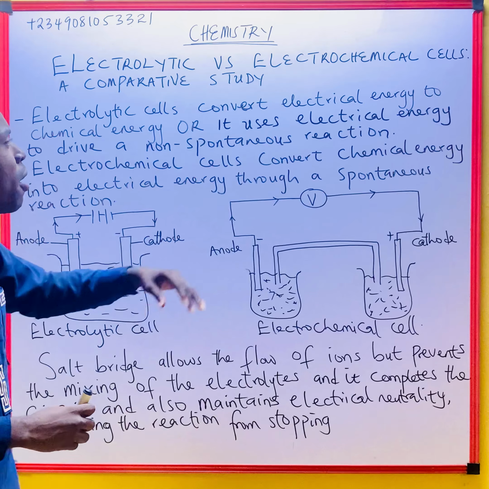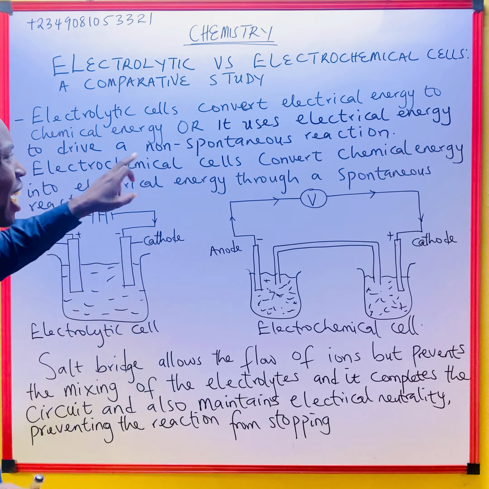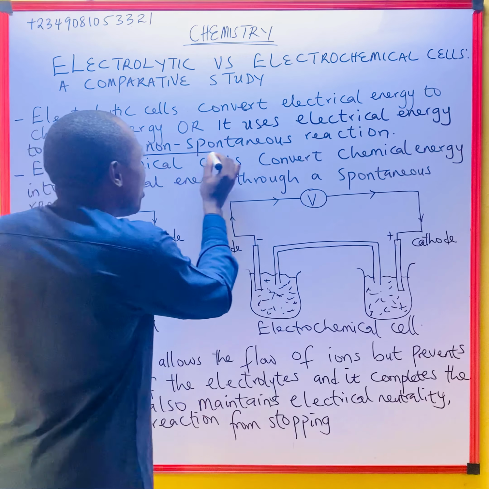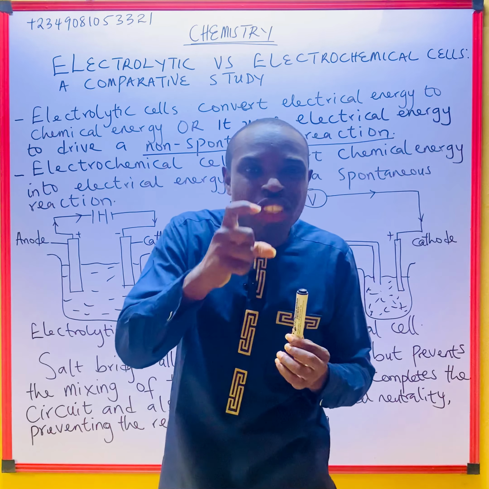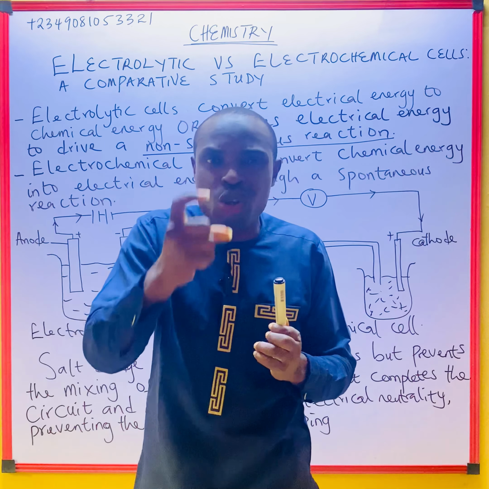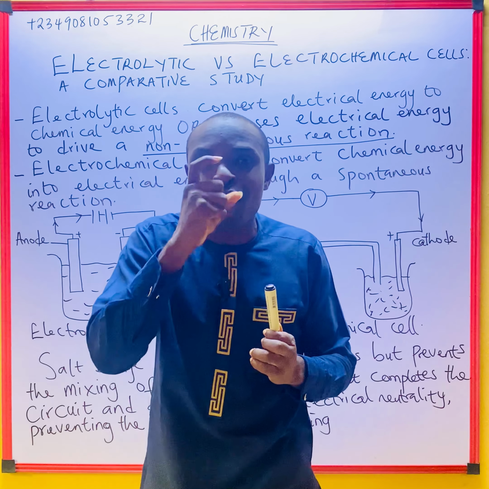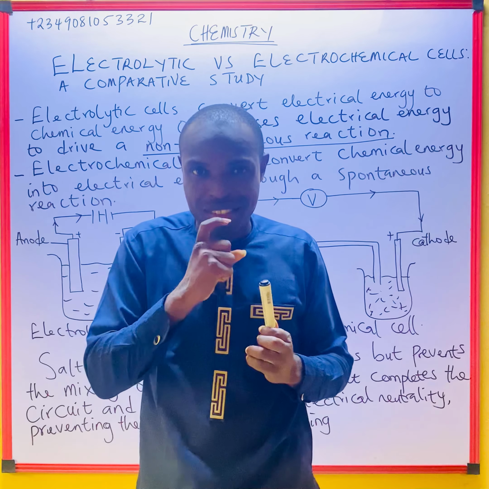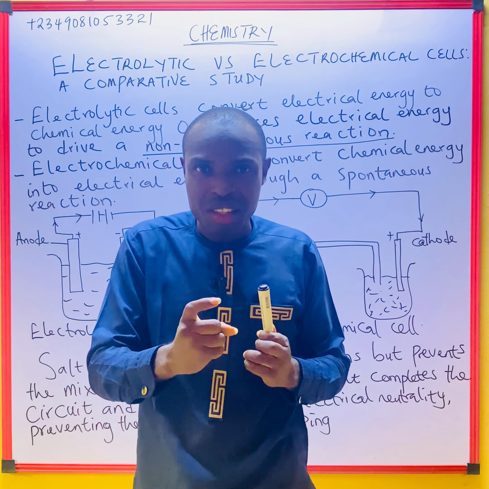Or we can simply say it uses electrical energy to drive a non-spontaneous reaction, whereby in the case of an electrolytic cell, there must be an external source such as a battery. If not, it is not going to occur. If not, it is not going to work out.